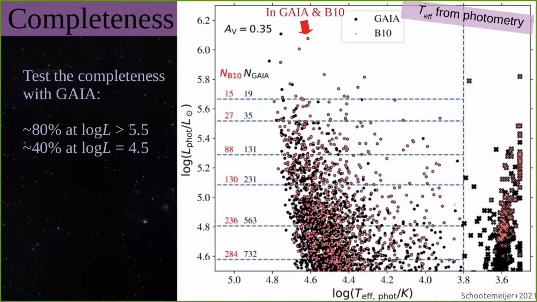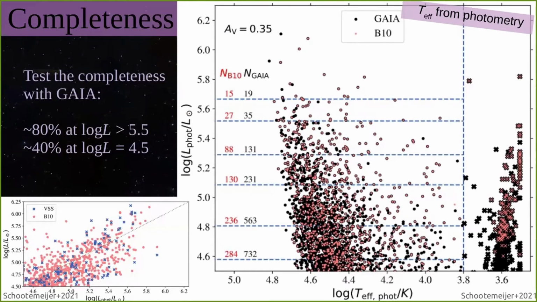And what we find is that at the top end, the B10 catalog is rather complete, about 80%. This gradually decreases to about 40% completeness at log L is 4.5-ish. So, we're not complete, but especially at the top end, the B10 catalog is also not doing very badly at all.